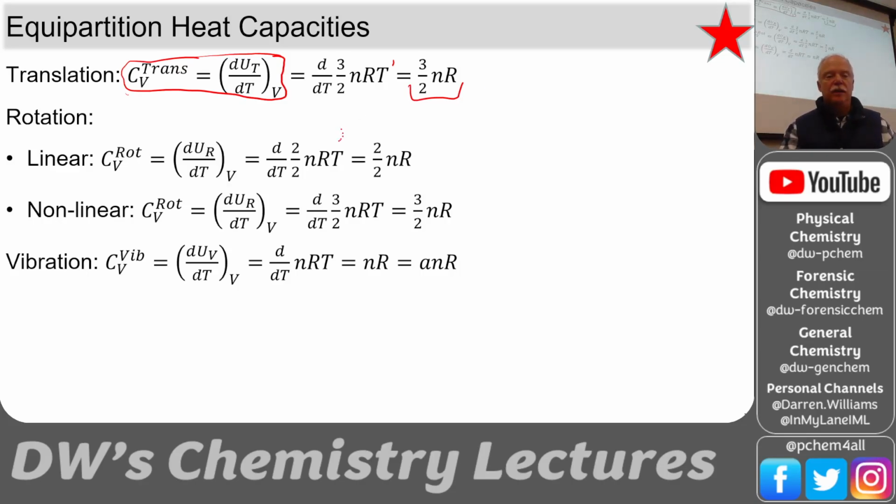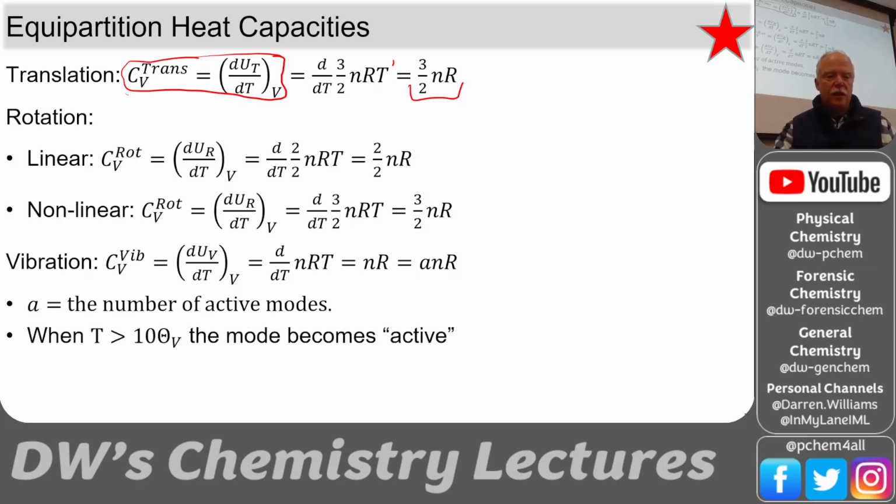So it's equal to nR, but we're going to put an A in there as the number of active modes, because in a bigger molecule, some modes will be active and some modes won't be active. Okay. So when the temperature is 10 times the vibrational temperature, that mode becomes active. Okay, and then the total is just the sum of all of these.